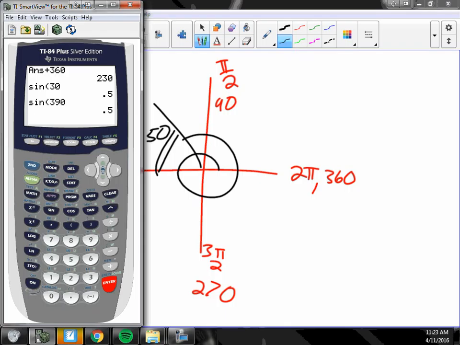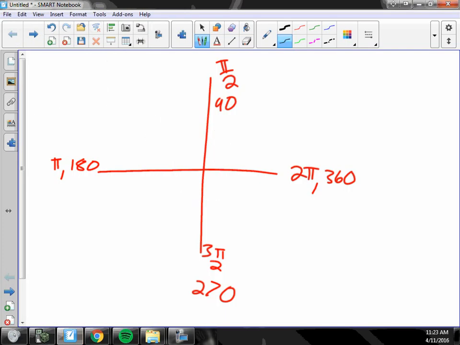All right, now radians. Radians seem difficult, but if you think of them in terms of fractions, they're not so bad. So the top half is pi radians, 1 pi. The bottom half is also 1 pi, so a full rotation would be 2 pi, which means the 90-degree mark is half of a pi.